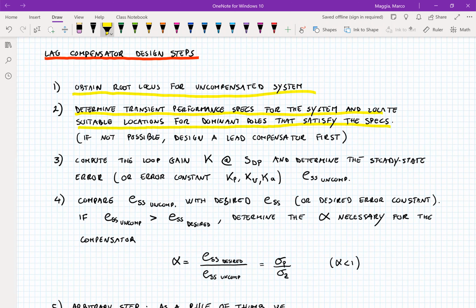Like in Tuesday's lecture case, you might have a chance to choose your dominant poles. In this example, you couldn't really choose the dominant poles. The location of such poles was forced, already given.